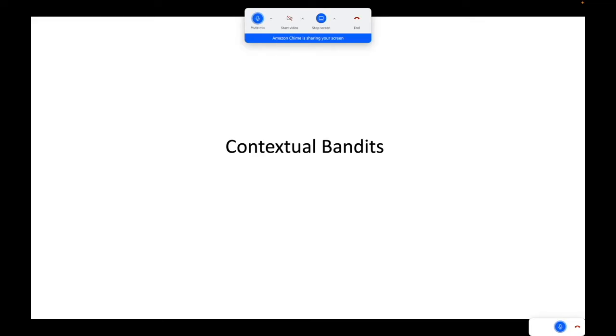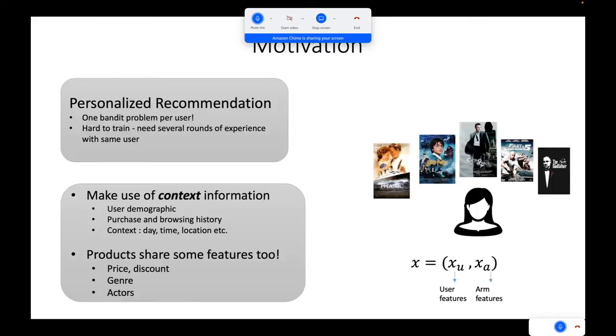Now the reason we need contextual bandits is we want to go one step further and recommend items that are personalized for each user. So we want to give items that a user would like.